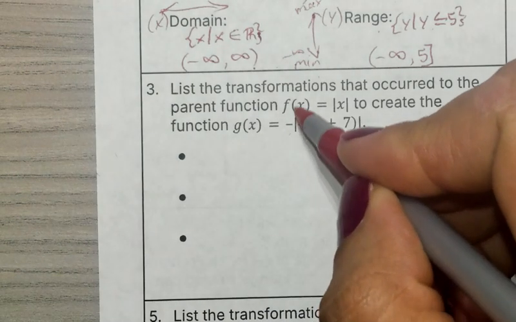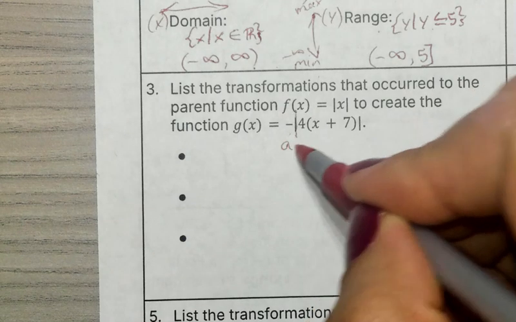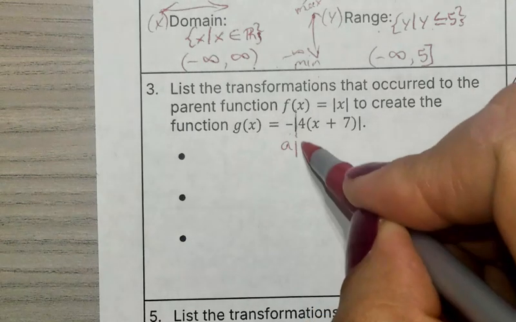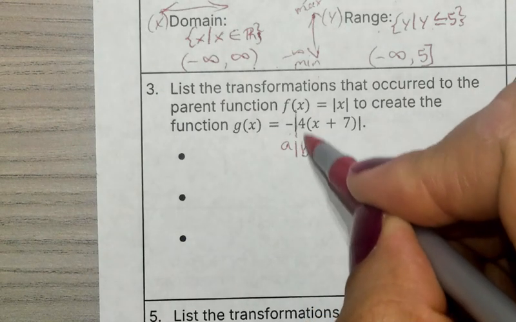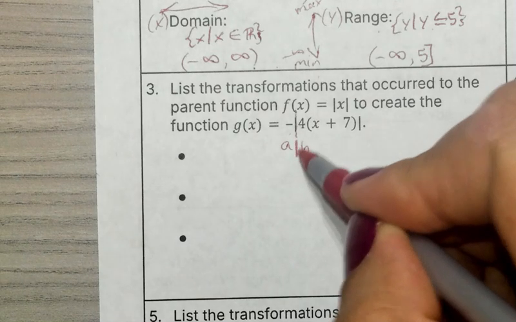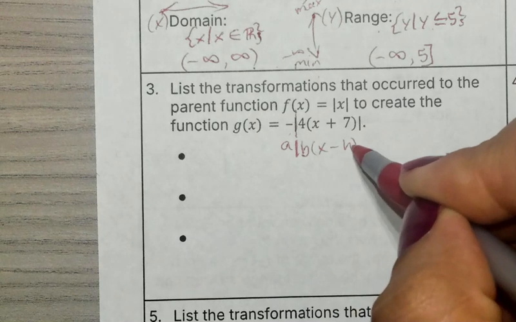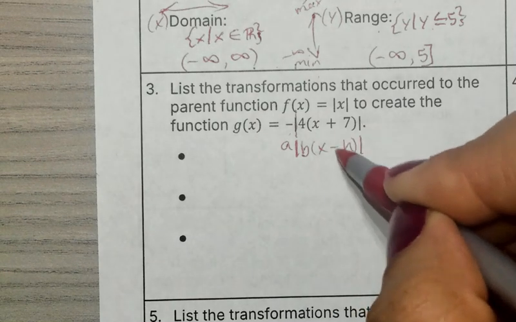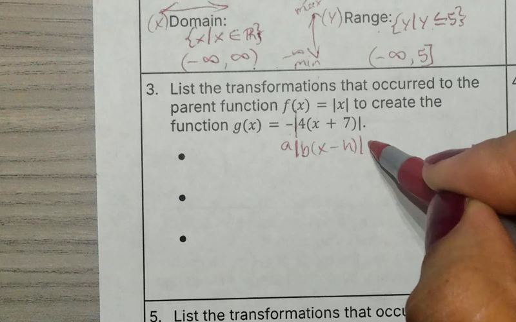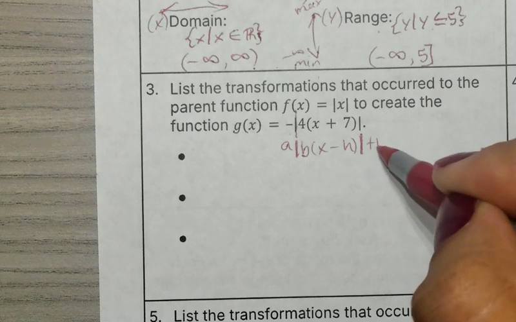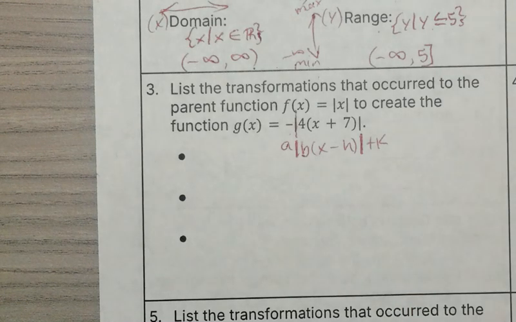This negative is on the outside, so that's an A value because it's on the outside. This 4 is a B value because it's on the inside of the absolute value. And then this 7 is affected by the H because it's added or subtracted to the x. Outside of the absolute value is the K, but in this case, we don't have a K.